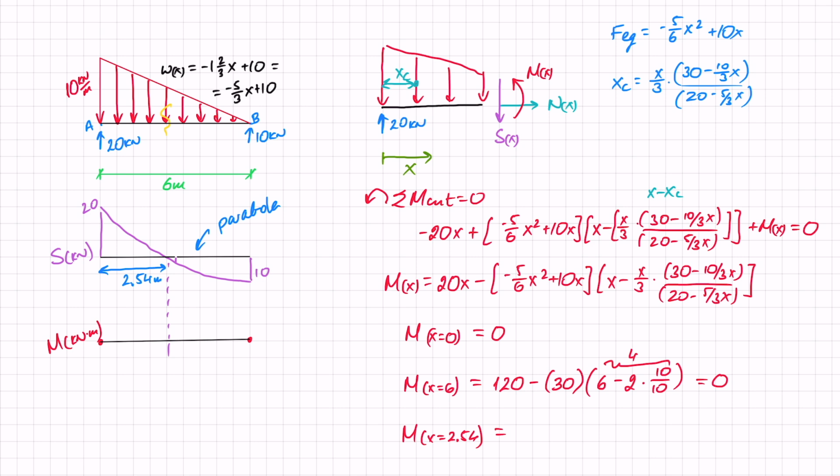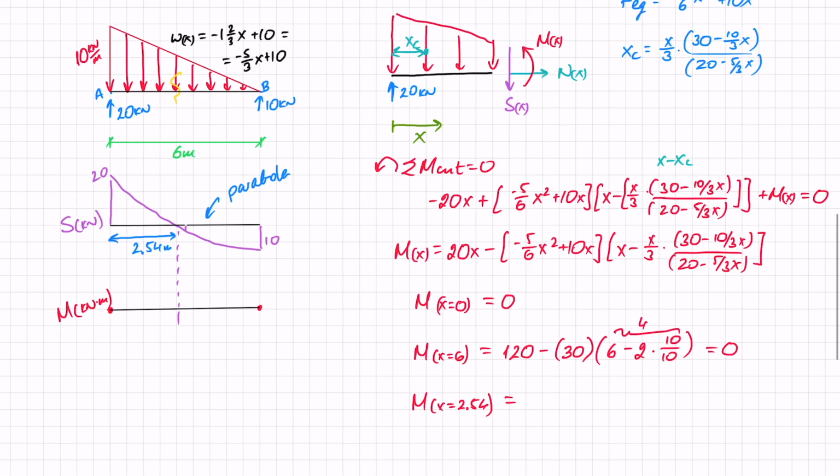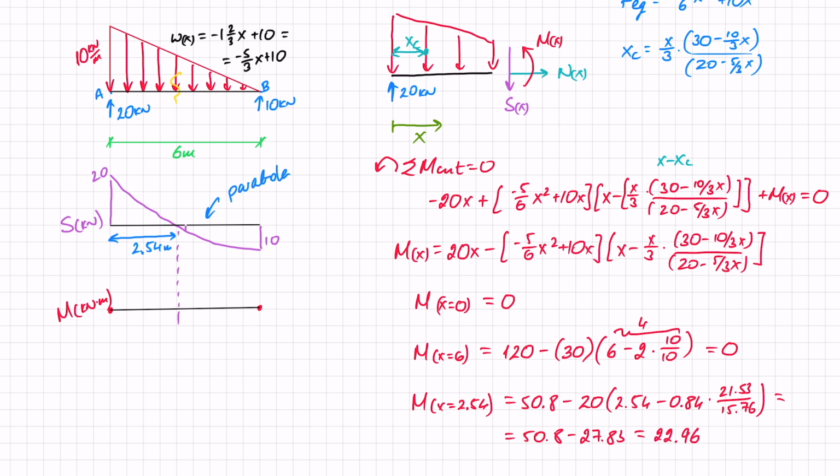And then the last thing I need to put in is that 2.54, and that works out as 50.8 minus 20 times 2.54 minus 0.84 times 21.53 over 15.76, and that works out as 50.8 minus 27.83, and that works out as 22.96 kilonewton meter.